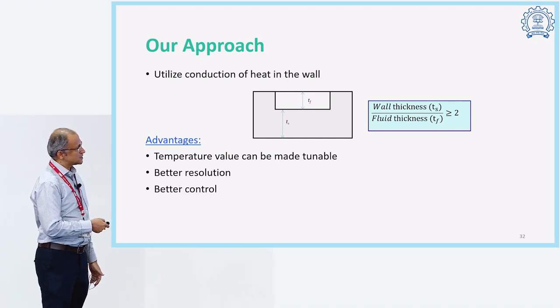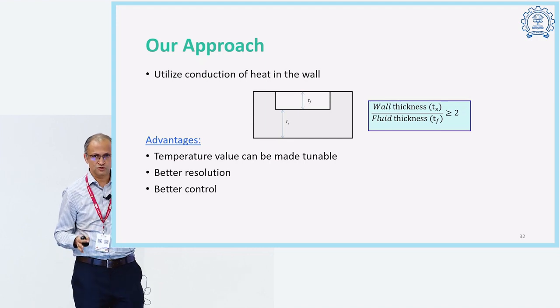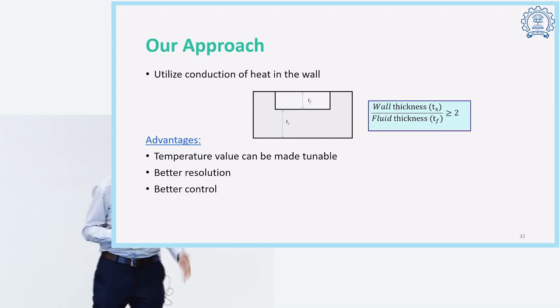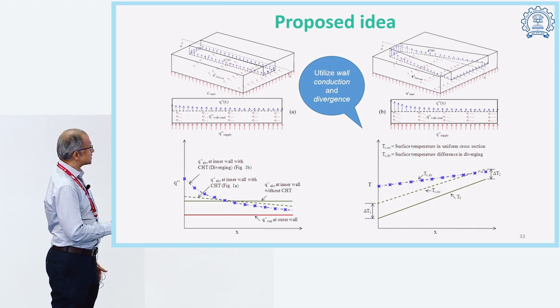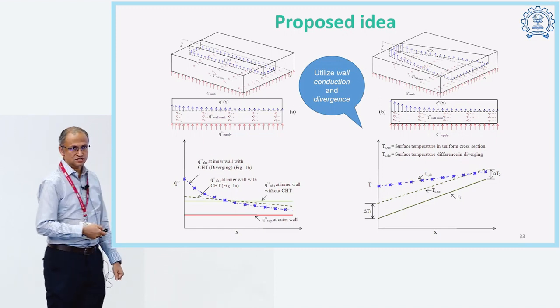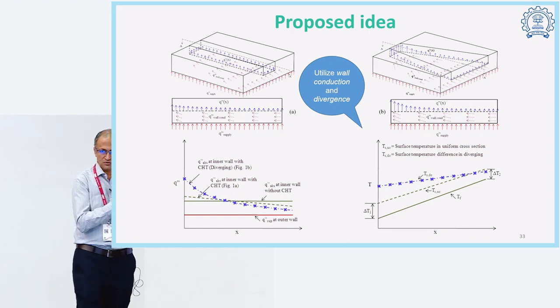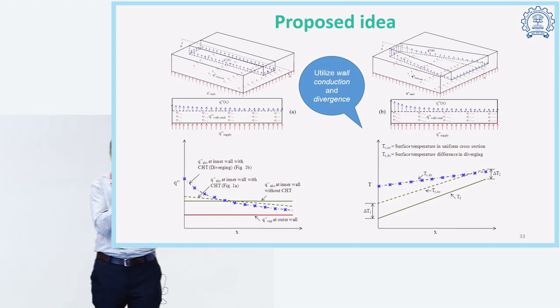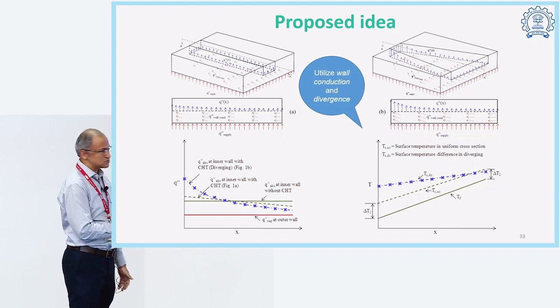So there will be some conduction in the wall, which will also come into the picture, and that conduction in the wall is what can be utilized in our case. So this was a simple idea: when we supply heat to a channel, let us say a constant heat flux boundary condition is applied, what you see on the inner side, which is what the fluid is facing, is going to be very different. And that is because of the conduction of heat which is going to happen.